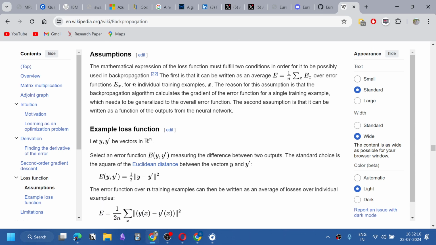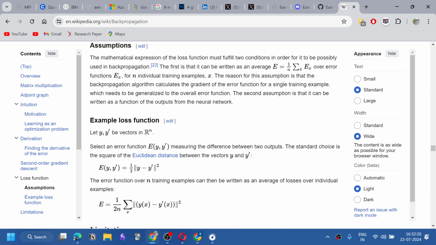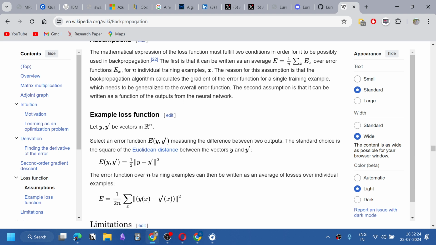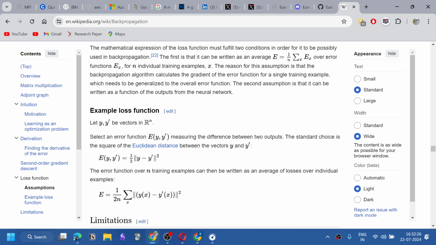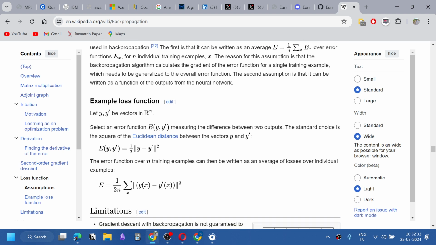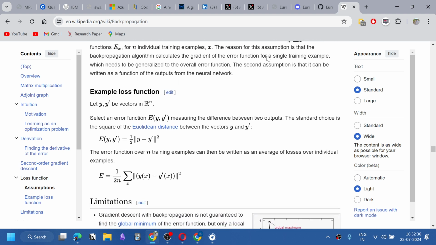The mathematical expression of the loss function must fulfill two conditions in order for it to be usable in backpropagation. The first is that it can be written as an average E = 1/n Σ E_x of error functions E_x for n individual training examples x.